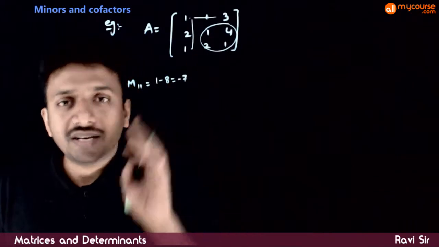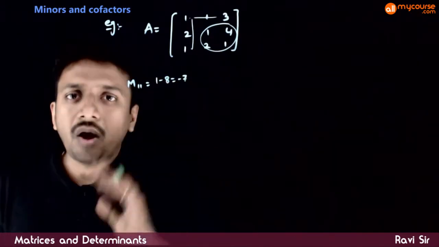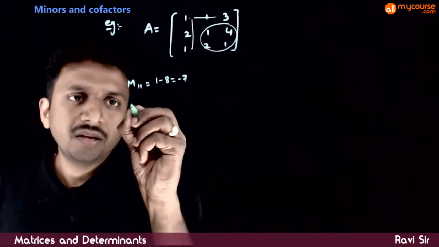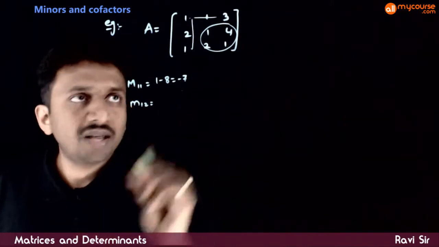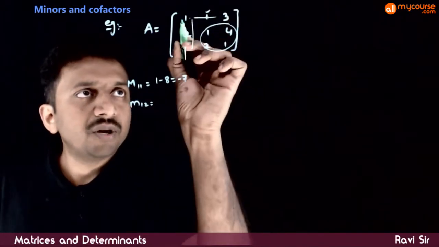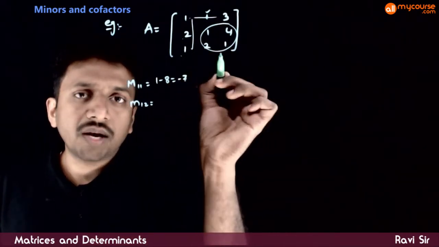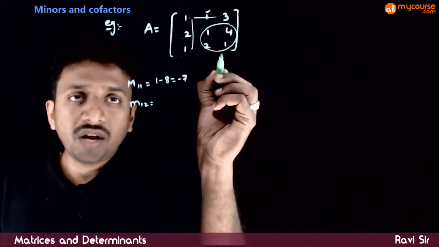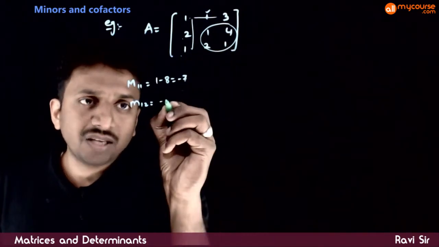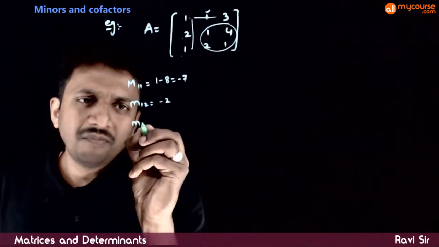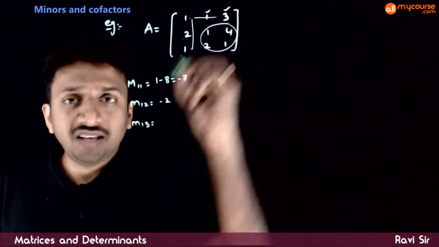Similarly, once you understand this concept, I'll write all the different minors. So what is M12? The minor of this element. If you remove the corresponding row and the corresponding column, you get 2, 4, 1, 1. So 2 into 1, 2 minus 4 is minus 2. M13, this element.